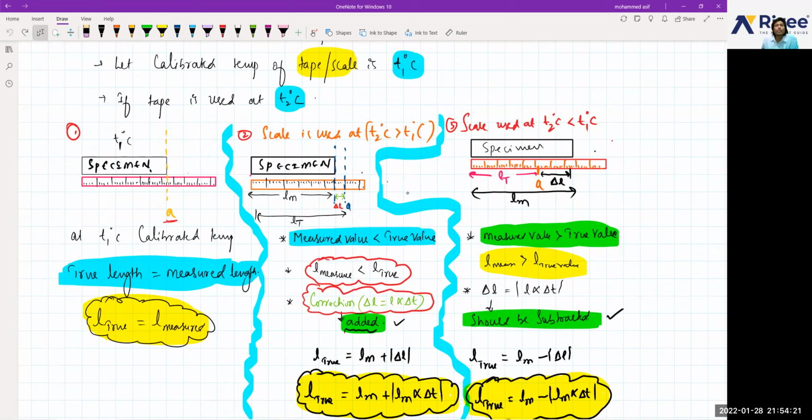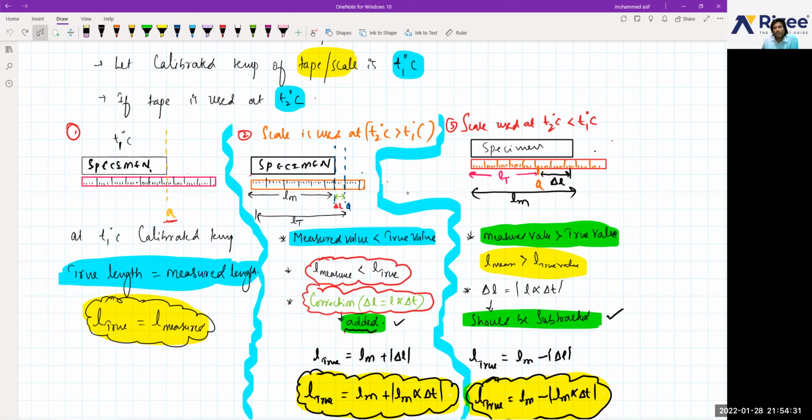Isn't it? Because the scale has expanded, the reading will go in the forward direction and show me a lesser value. That means measured value is less than true value.